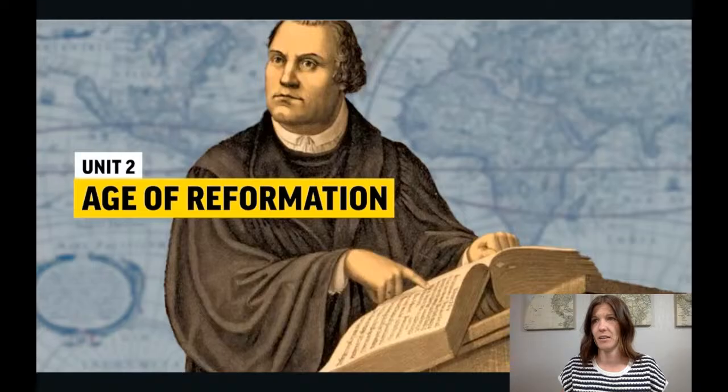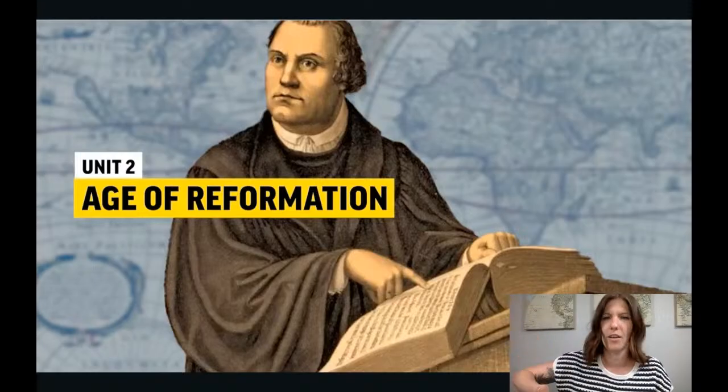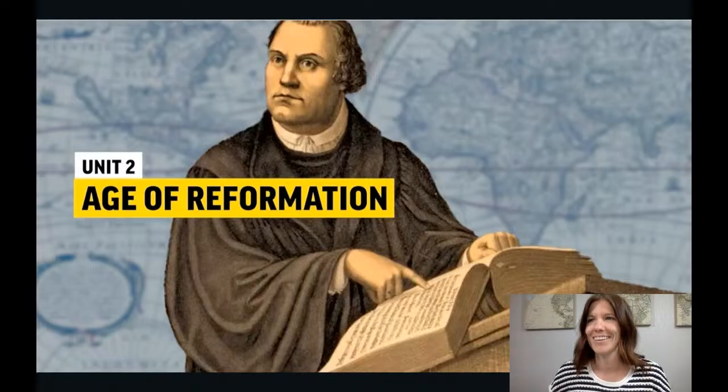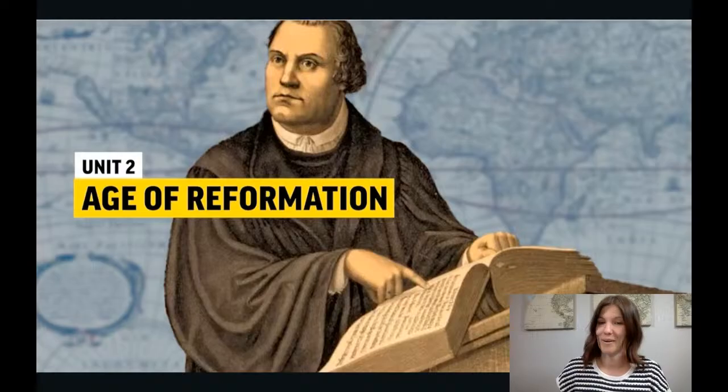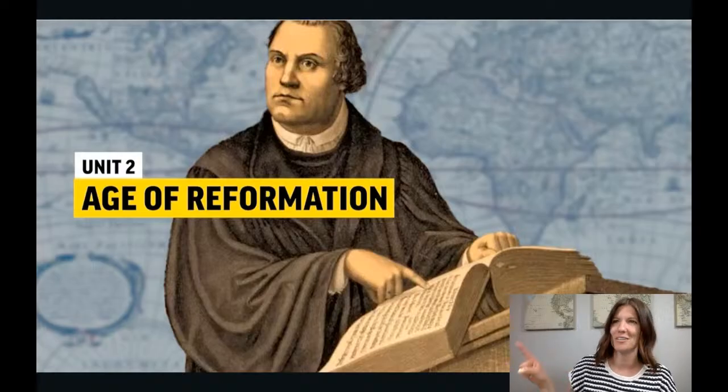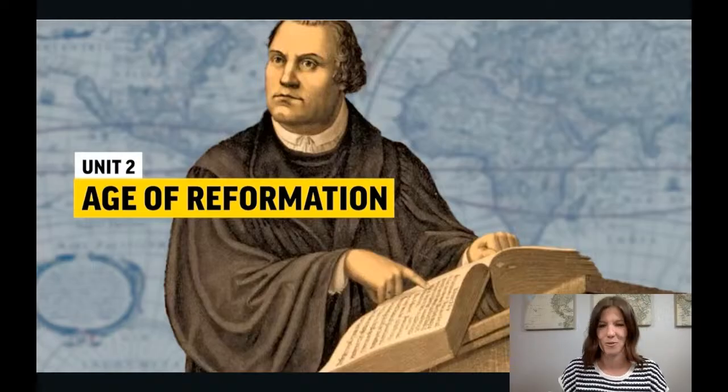Voltaire was exiled to England, and when he was exiled there, he was like, "Wow, they have economic equality because nobles have to pay taxes. There's a rule of law that they all follow." And I just think England is progressive in a lot of ways, except they hate Catholics. So England is not religiously tolerant compared to a lot of the other places that are going to experience religious tolerance as a result of the Protestant Reformation.